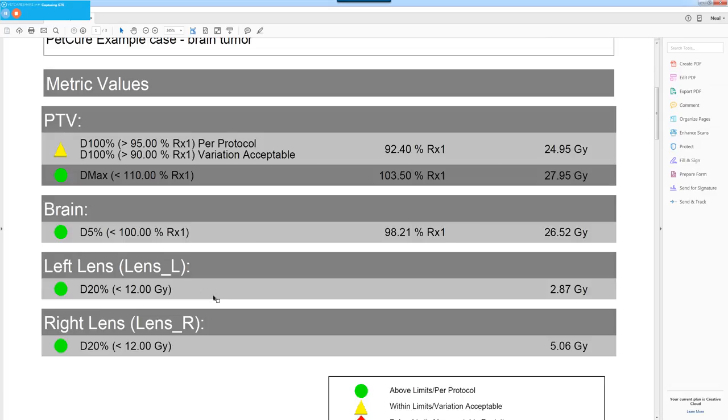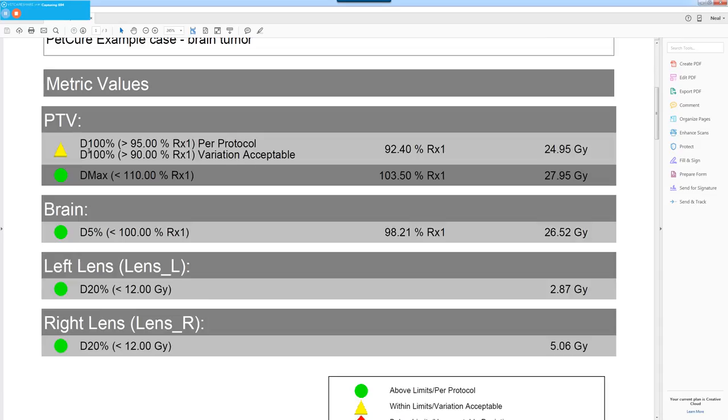So PTV, that is that target volume we talked about, the thing that we're most interested in getting a good dose to. And you can see here that we didn't quite hit the range that we wanted, but we did meet an acceptable variation.